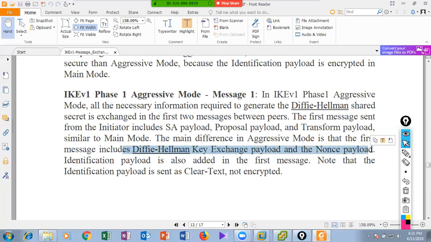So whatever was contained in the first and third message exchanges of main mode will be included here in the first message itself, along with the identification payload. So the first, third, and fifth message exchanges are included in the first message. Note that the identification is sent in clear text, not encrypted.